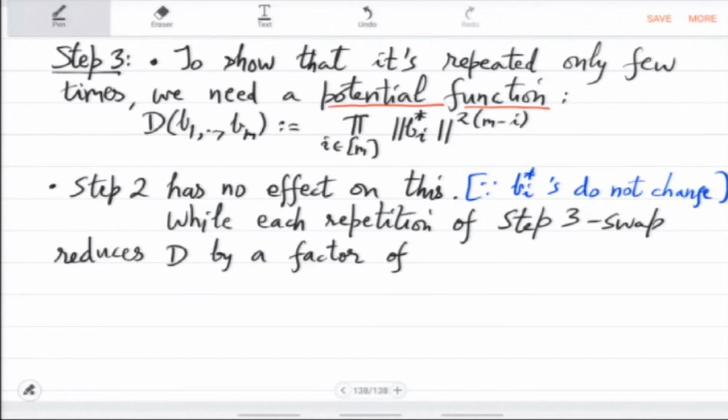so bi star is being replaced by bi plus 1 star, and bi star has more weight, right? So the reduction is by this factor.